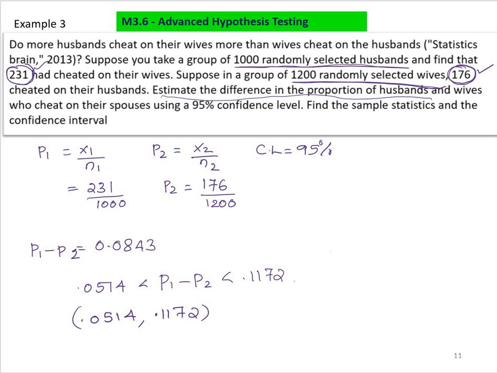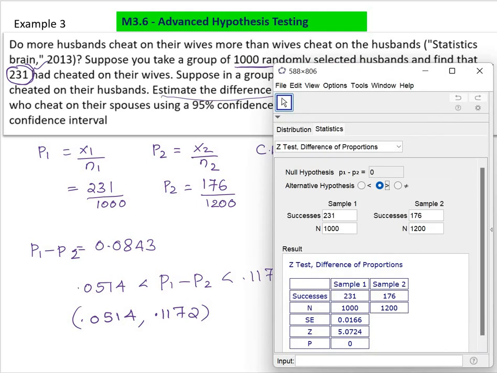And if you want to find the test statistics, we can find that using GeoGebra. For that we have to take the GeoGebra, and then to find the test statistics, you have to take the Z test of difference of proportions.